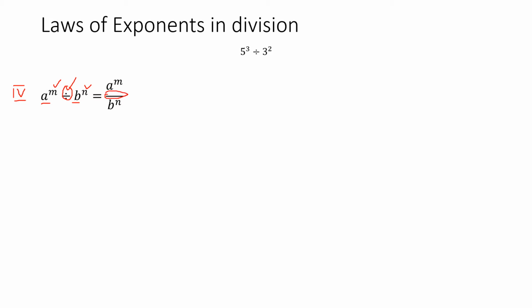If you want an example, so look, 5 to the power 3 and 3 to the power 2, both numbers are different. Different base, 5 is base, 3 is base, different; exponent 3, exponent 2 different. So just we write them up and down. If you want to go for further simplification, you can do.